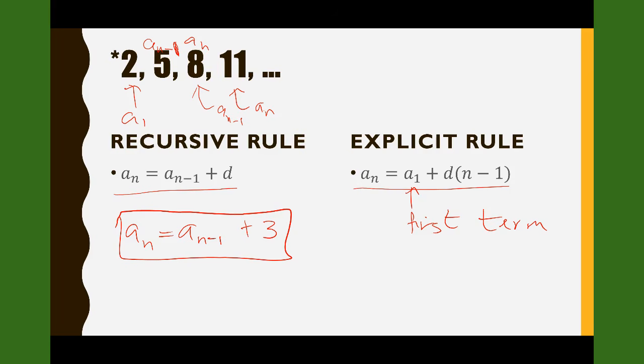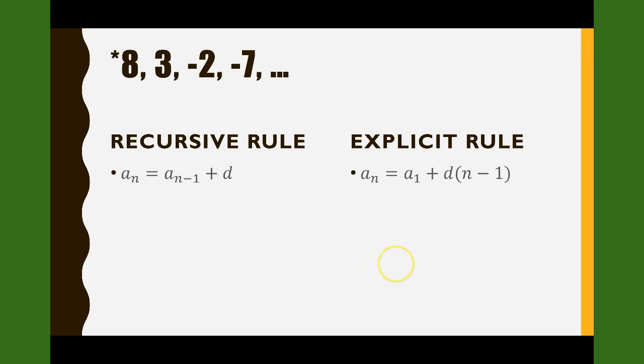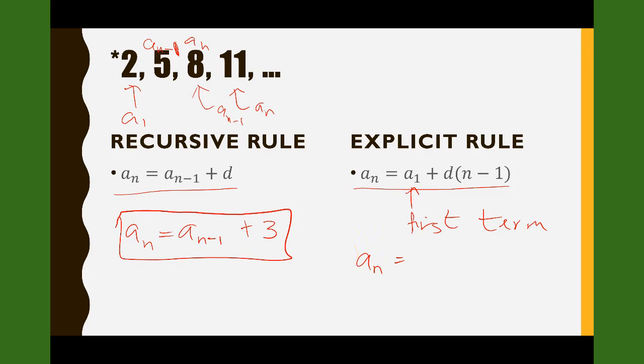For the explicit rule, all we have to do is replace A sub 1 and replace D. So this becomes A sub n equals 2 plus our common difference, 3, times n minus 1. And that's it. That's all I'm asking you to be able to do.